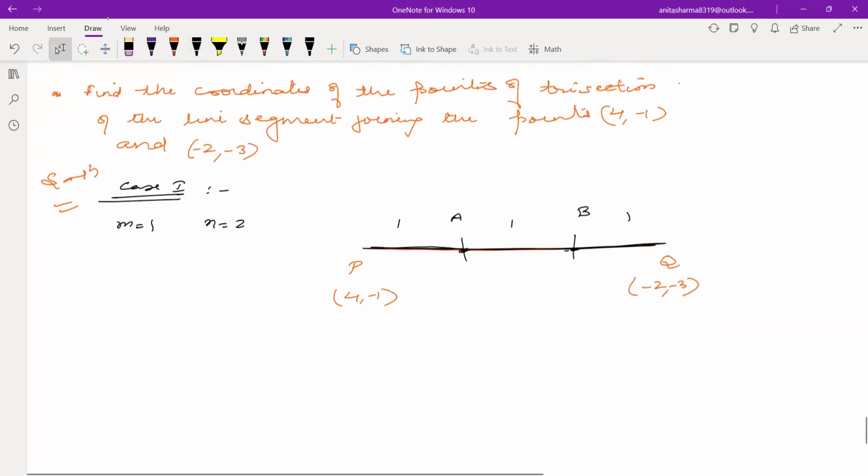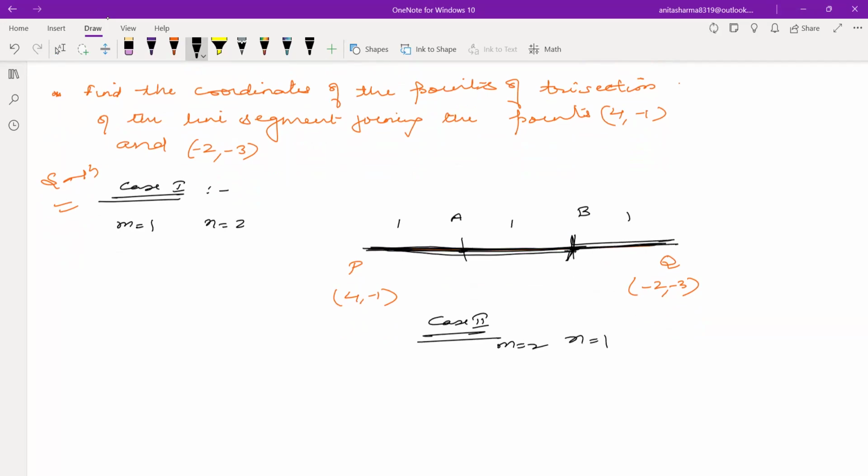Now, for case second, you need to find the value of B. Now this distance, that is your m, is 2 here, and this value is 1. So now find the values of A and B and tell. Hurry up.